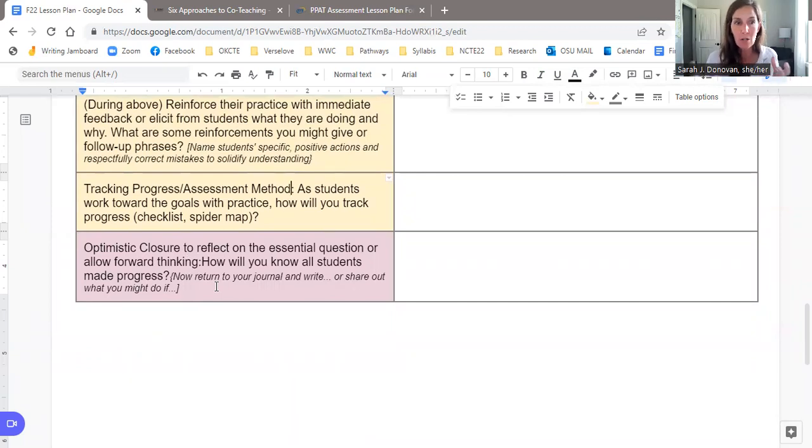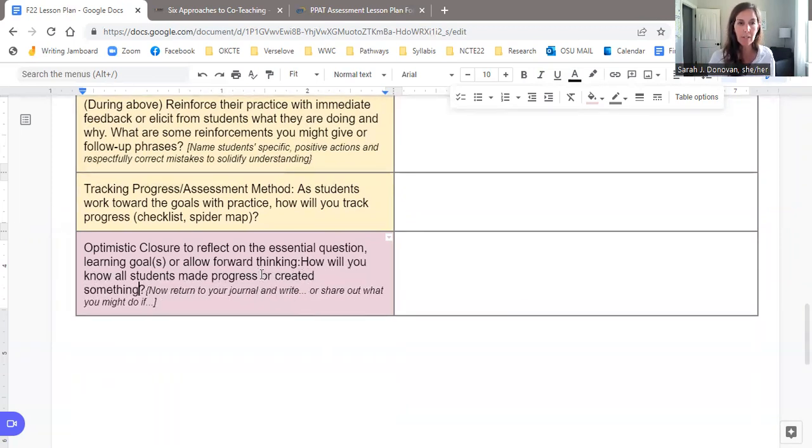This is the closure of the lesson, an optimistic closure, reflecting on the essential question, the learning goal, some forward thinking. How are you going to make sure that all students made progress on what they created, made progress or created something, right?